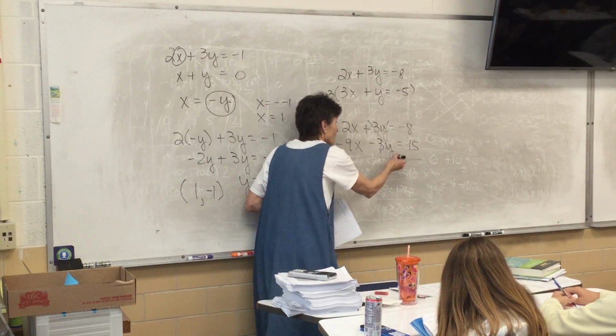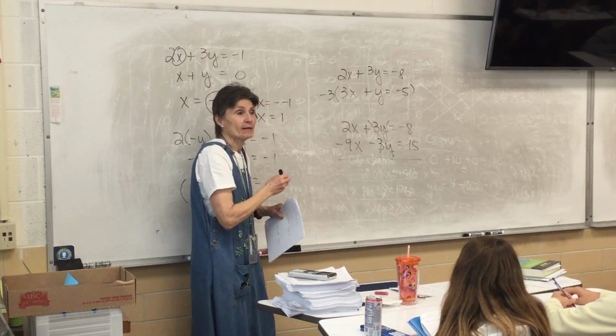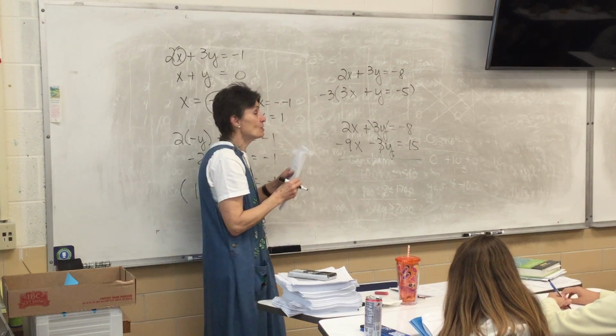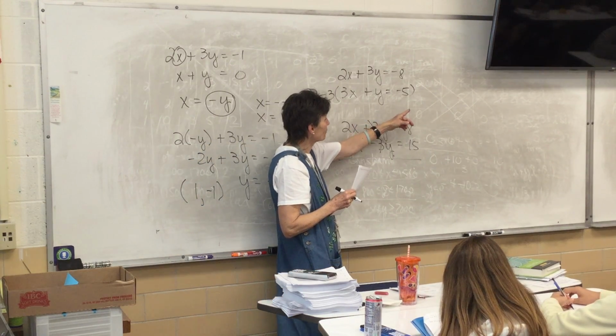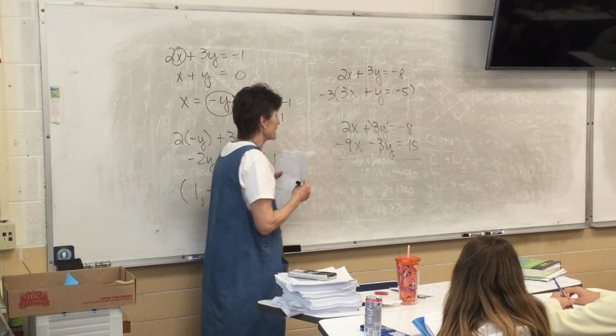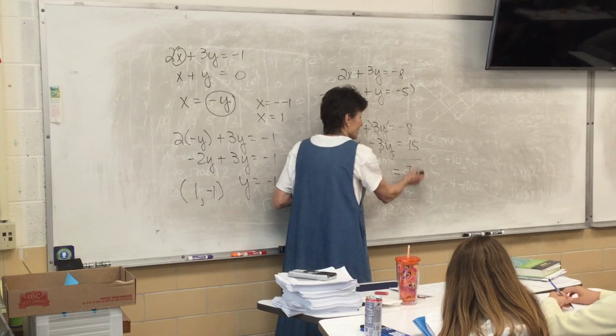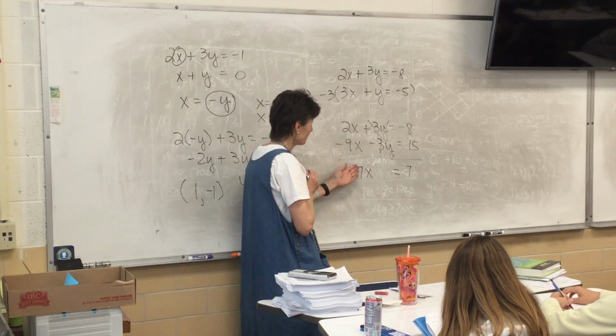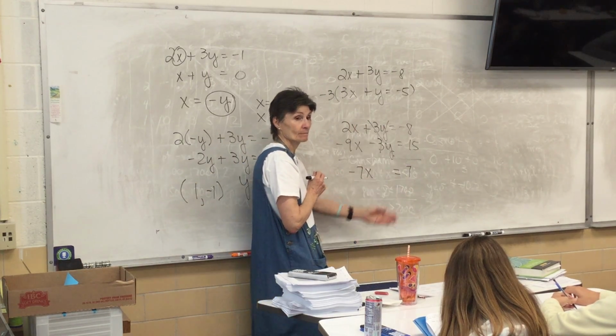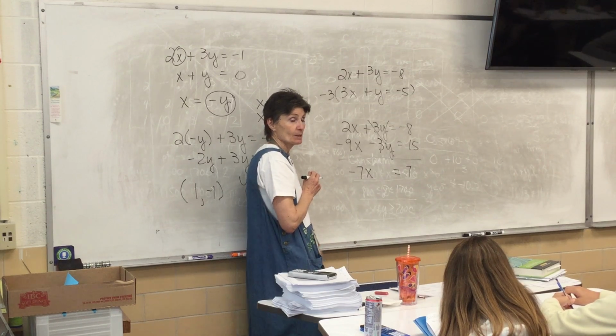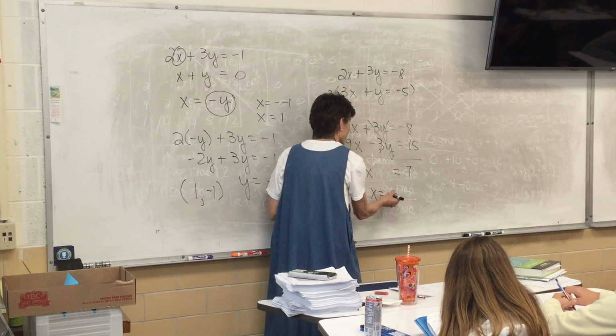Is that a good thing right there? That's a great thing. That's called elimination. So multiplying the bottom all the way across by -3 was a great idea. So -7x equals 7. Adding. So x equals -1.